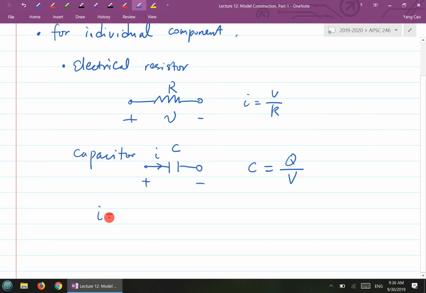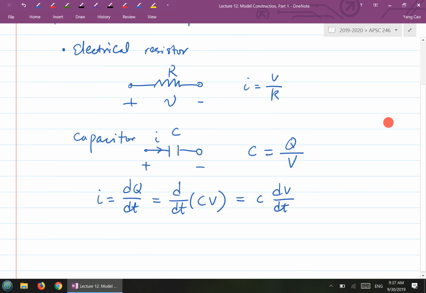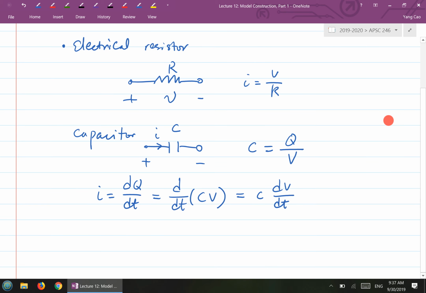Similarly, the current is related to the rate of change of the charge with respect to time. If you substitute the Q into this equation, then you get the relationship between the voltage and the current for a capacitor: I equals C times dV over dt.